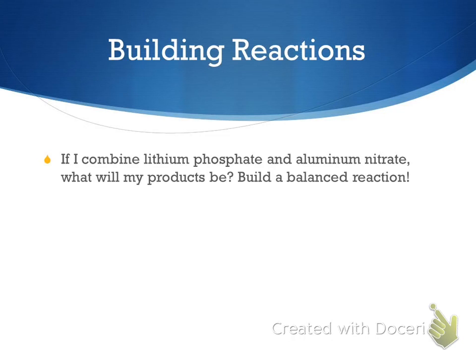Yep, we're always going to do double displacement. Okay, so first find our reactants.